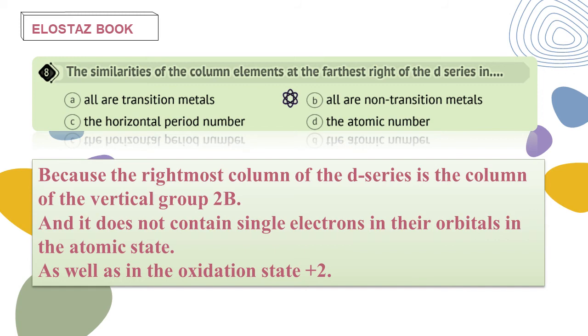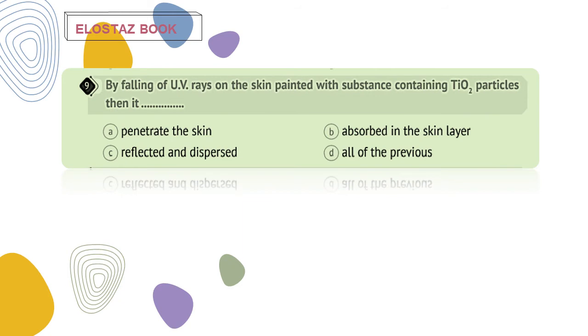I think it's a very important question. Let's go to question 9. Question 9 says: by falling of ultraviolet rays on the skin painted with a substance containing titanium dioxide, TiO2 particles, what happens? Okay, titanium dioxide makes a layer that prevents the penetration of ultraviolet rays to the skin, so we use it as sunblock in different cosmetics.